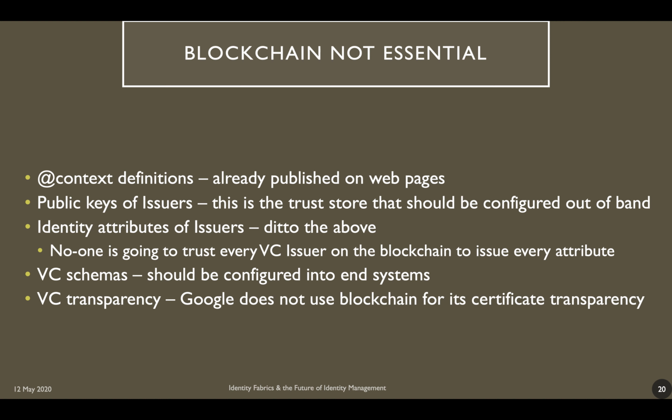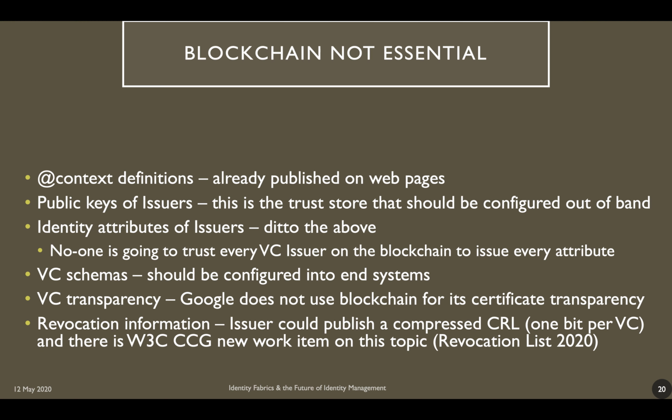Finally, certificate transparency. Some people have said every issuer should publish the ID of the VC that it's published on the blockchain, so everybody knows that it's there. But Google already does this for public key certificates. It doesn't need a blockchain. And finally, revocation information.